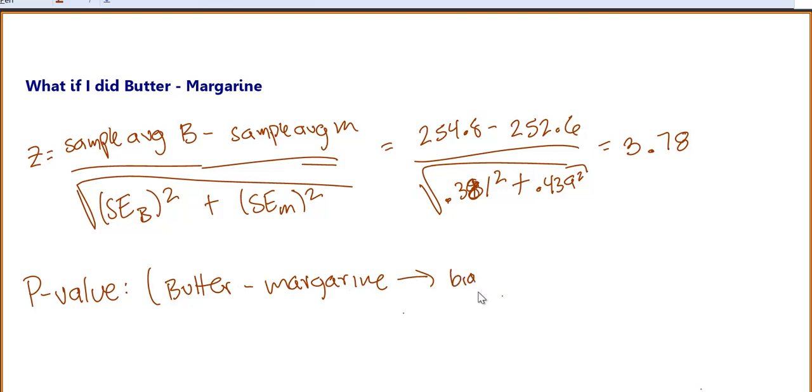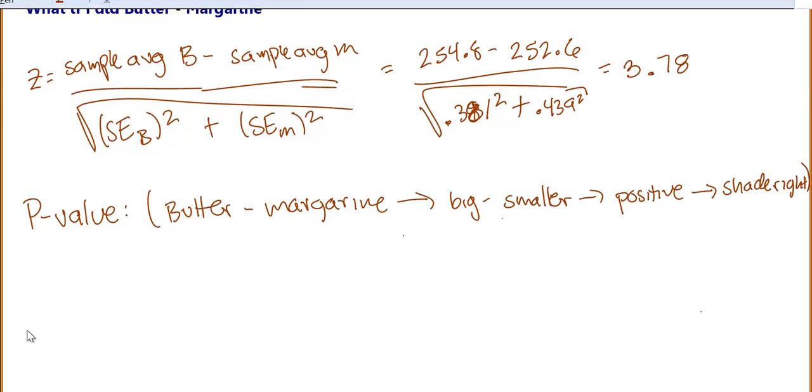So we're going to do bigger minus smaller. If you do like 10 minus 5, you're going to get positive numbers. And anytime you get positive, you'll shade right. So here's my positive z equals 3.78, and I want to shade to the right.